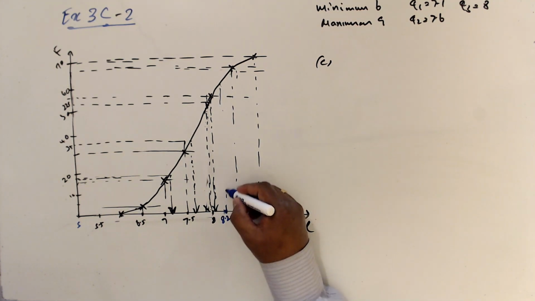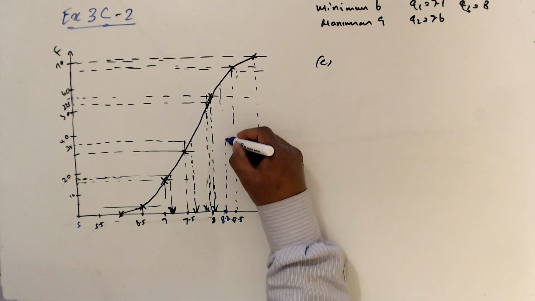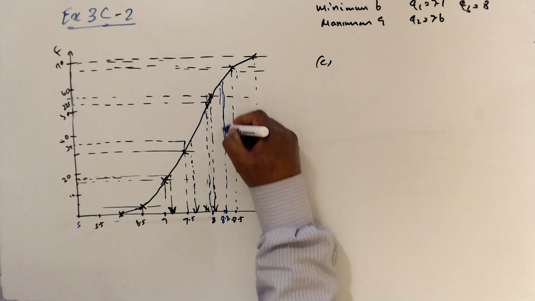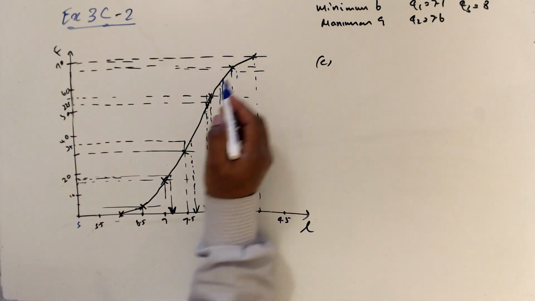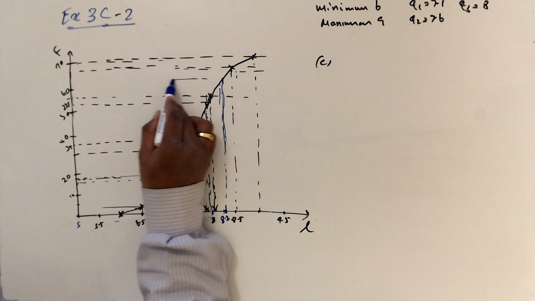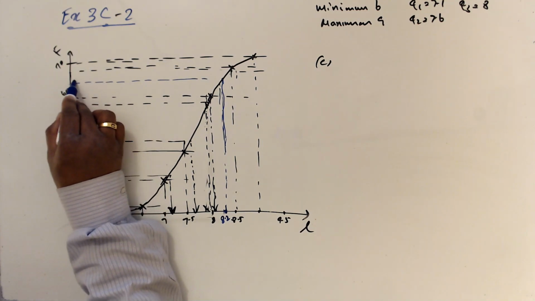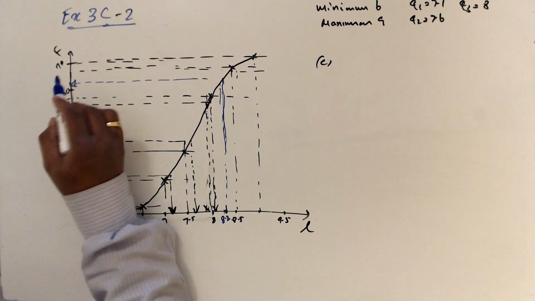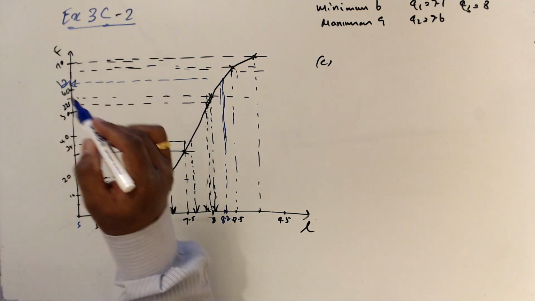Then we are going up to this curve and this point. Then we'll go and identify the value of this one. This value is approximately 62.